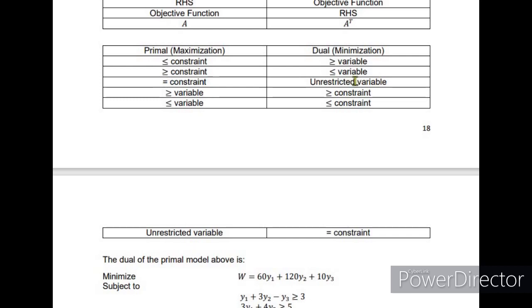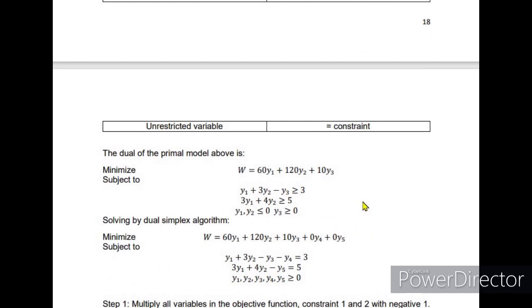When you say unrestricted, it can be equal or not equal to 0. If the variable in the primal maximization is greater than or equal, then for the dual minimization the constraint will be greater than or equal also, and vice versa. Next, if the variable is unrestricted in the primal maximization, the constraint in the dual minimization has the equal sign.